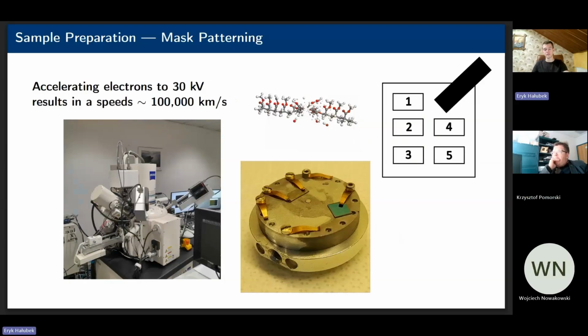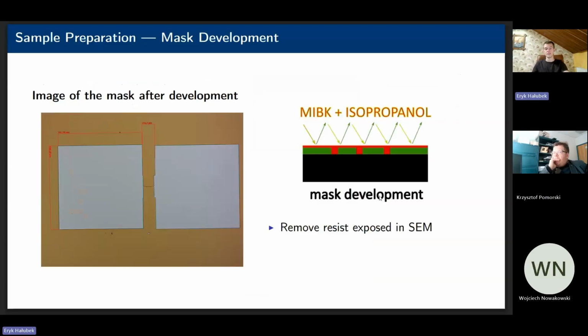The bonds are broken in some places in these particles, so the polymer chain is shorter, and it's easier to remove. And these places will be removed. Okay, now I get it.